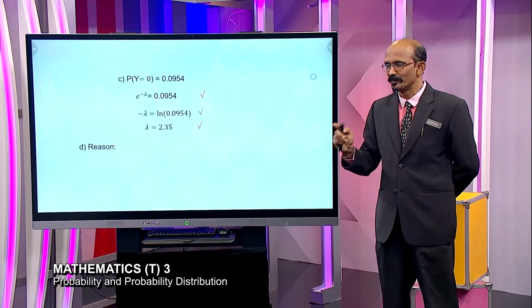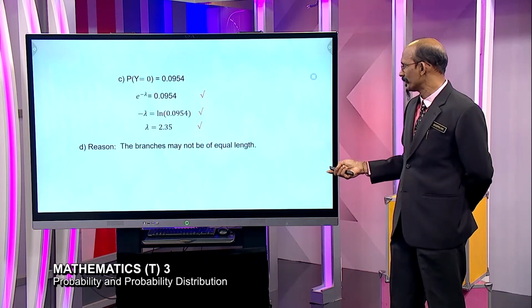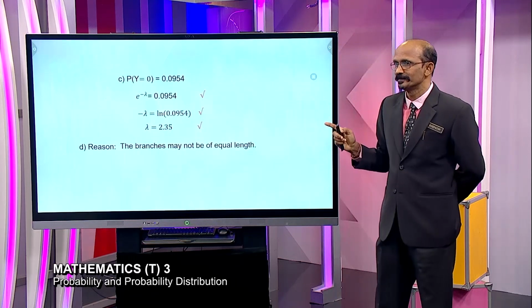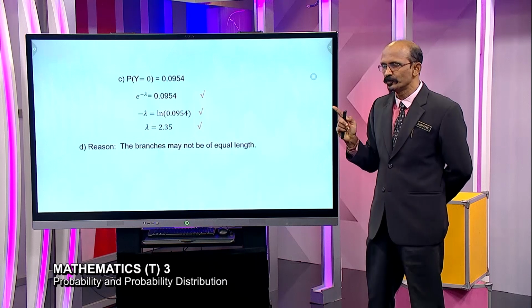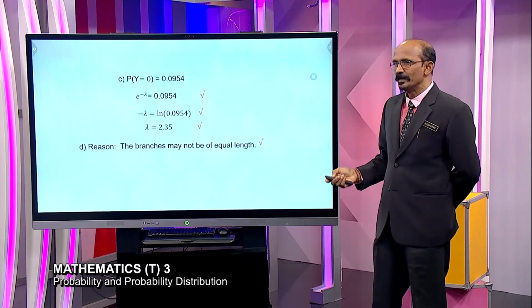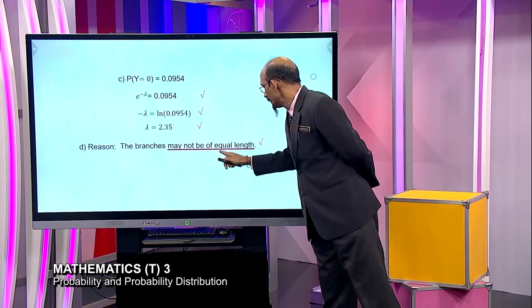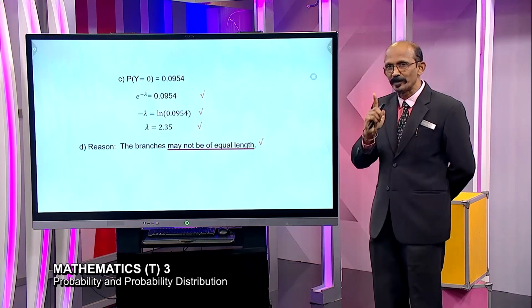In guava trees, the branches won't be equal in length, whereas for Poisson, everything must be equal in length. If you write that the branches are not equal in length, that is the key point, and you will get 1 mark.